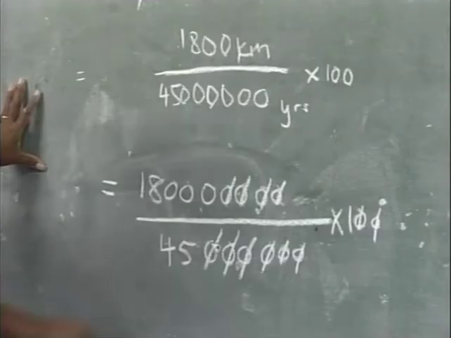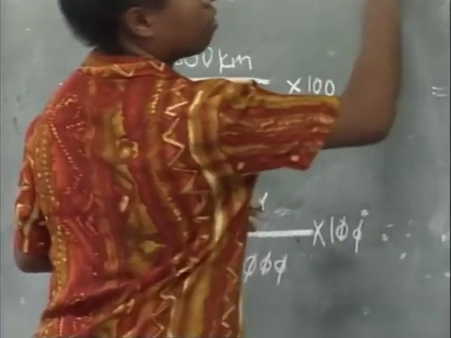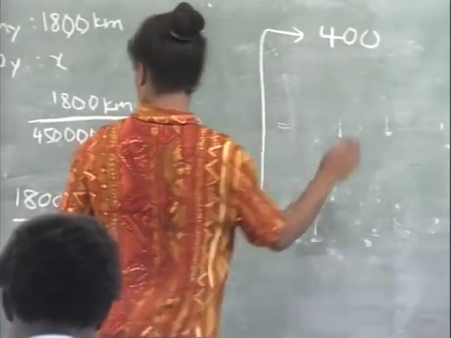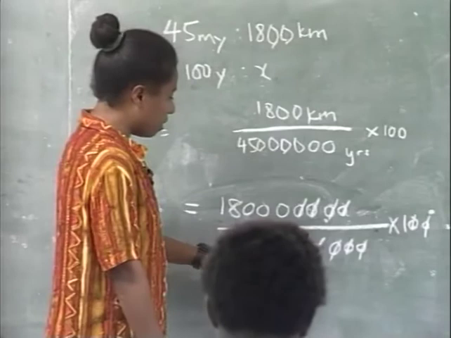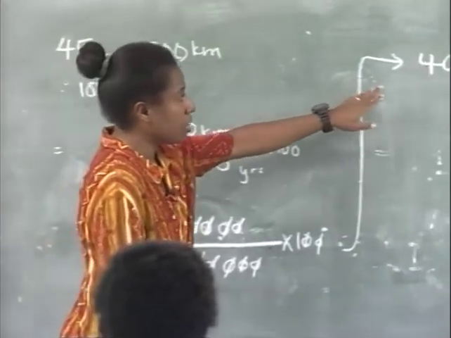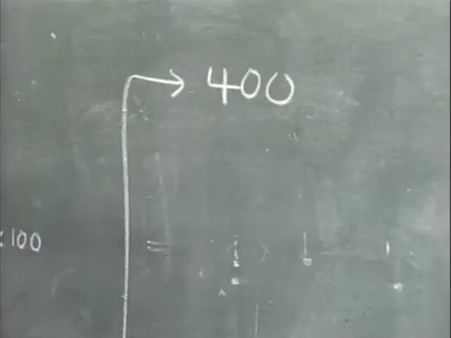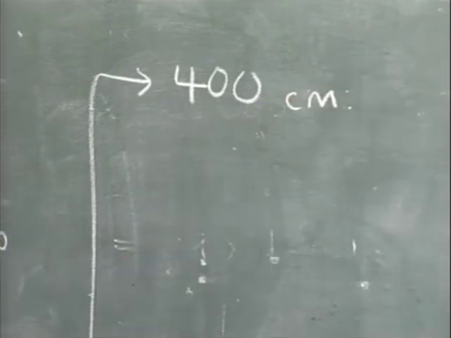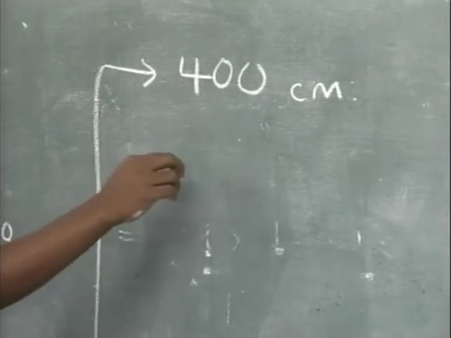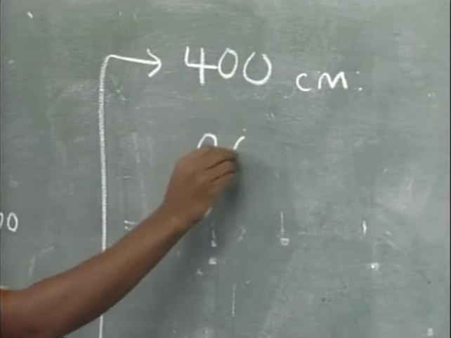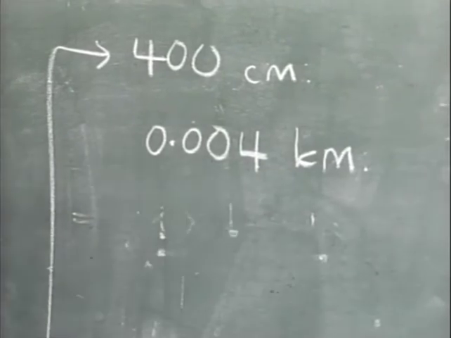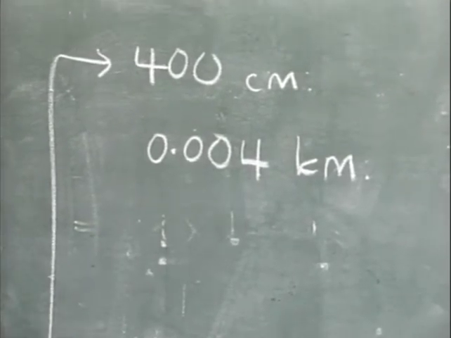What should we end up with then? We have 18000 over 45. When we do our divisions, 400 centimeters. That 400 centimeters, if we convert that into kilometers, will be 0.004 kilometers, as given by what Catherine did when she did her calculation.